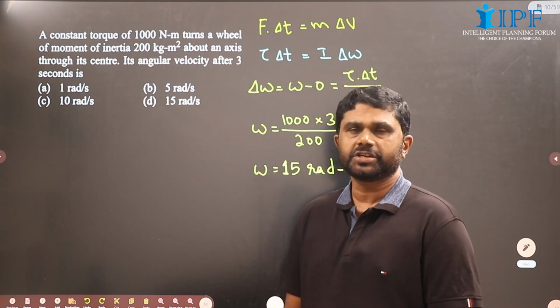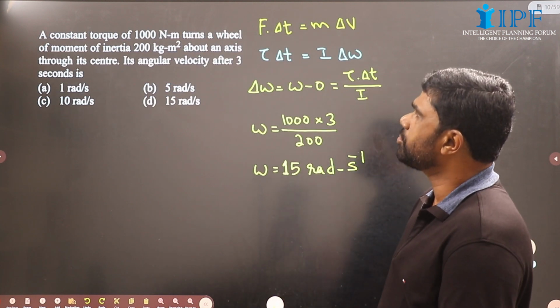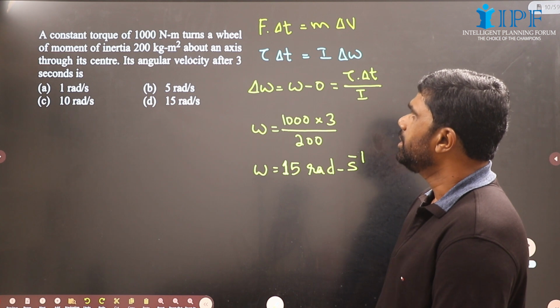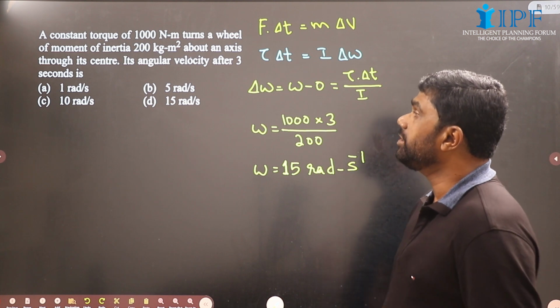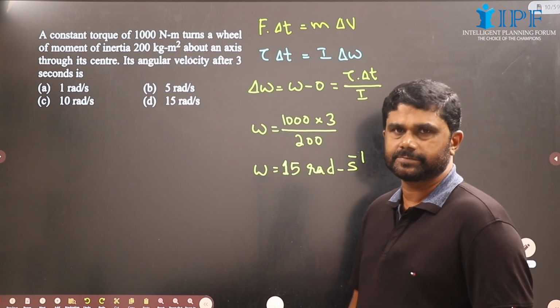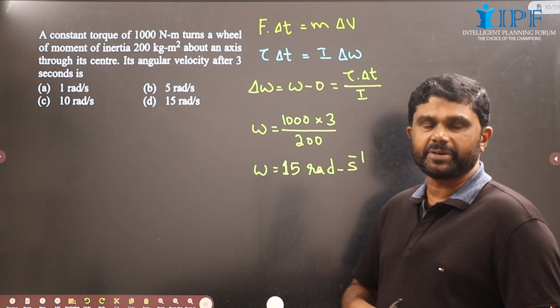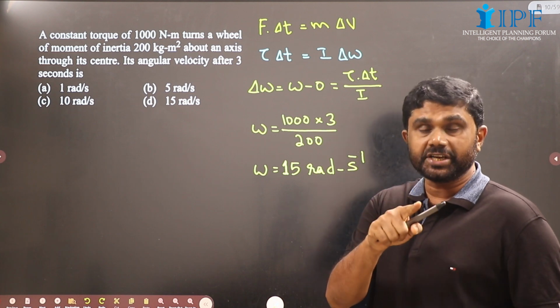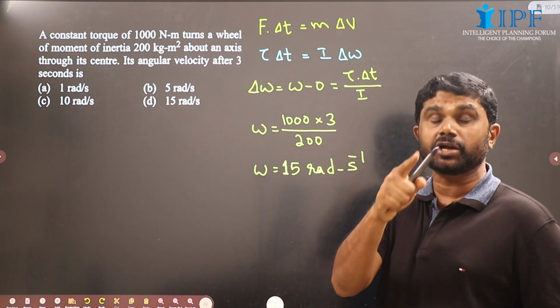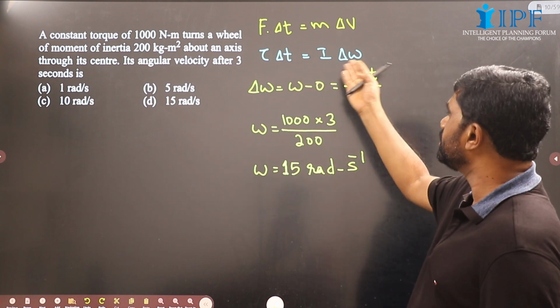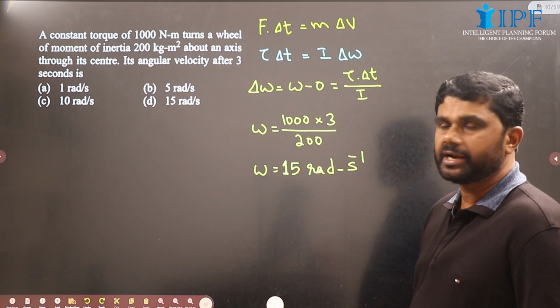Now let's try the next question. A constant torque of 1000 Newton meter turns a wheel of moment of inertia 200 kilogram meter square about an axis through its center. Its angular velocity after 3 seconds? See, F delta t equals m delta v. The corresponding relation in rotational mechanics is tau delta t, the angular impulse, which is equal to the change in angular momentum, I delta omega.